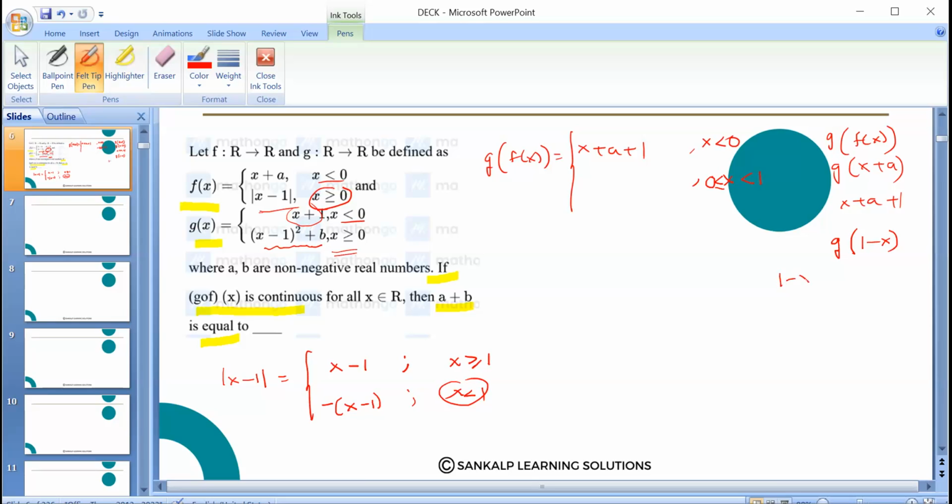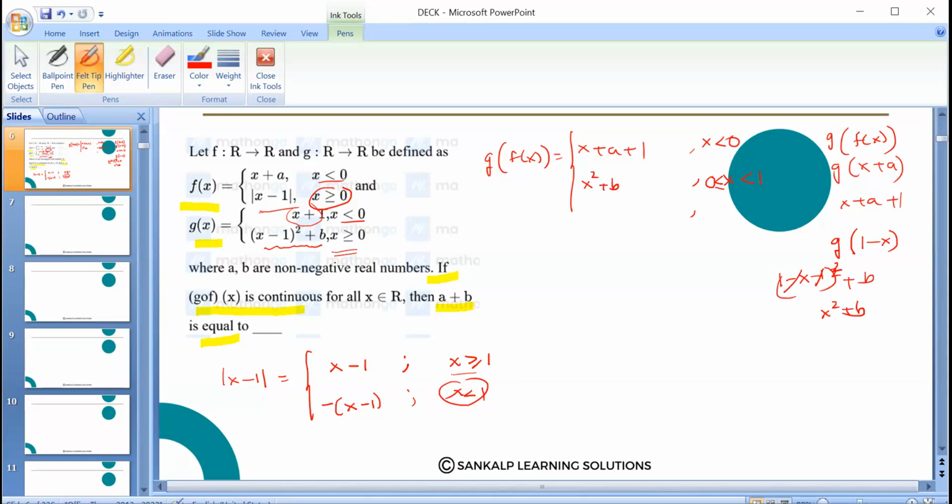In place of x, 1 minus x minus 1 whole square plus, so 1 and minus 1 will cancel. x square plus b.